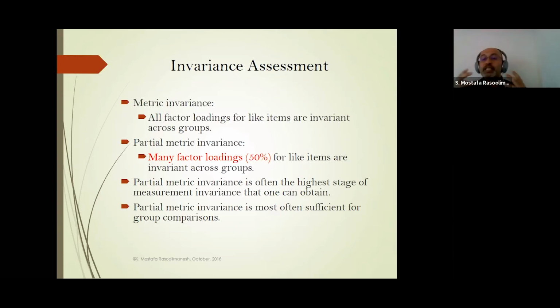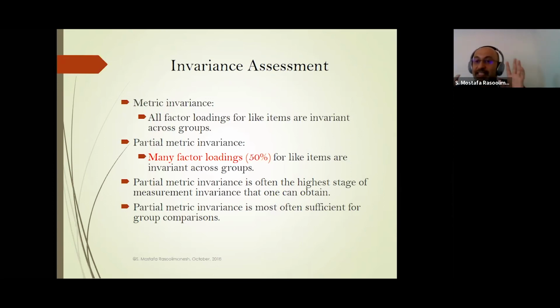But using the parametric method, we check loading, because loading, and weight for formative, are the main criteria for the measurement model. At least 50% of loadings or weights should be similar, with an insignificant difference between the two groups.